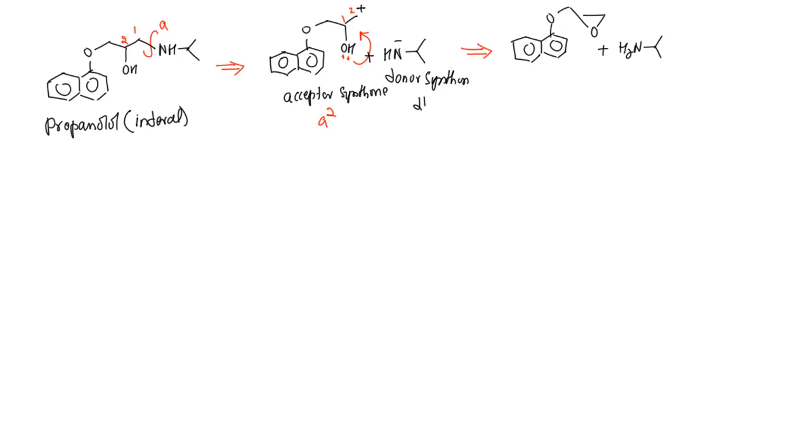This reagent can further be disconnected at this point and we will get 2 synthons. Again a negative charge on oxygen. This is the donor synthon, which is equivalent to 1-naphthol, and the other reagent, let me draw it over here.